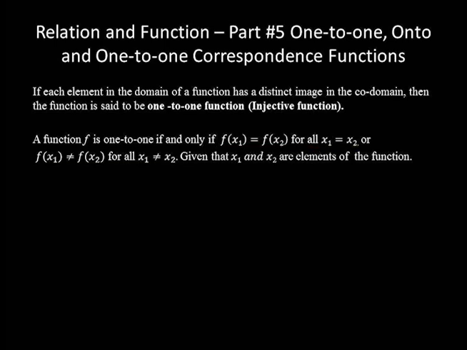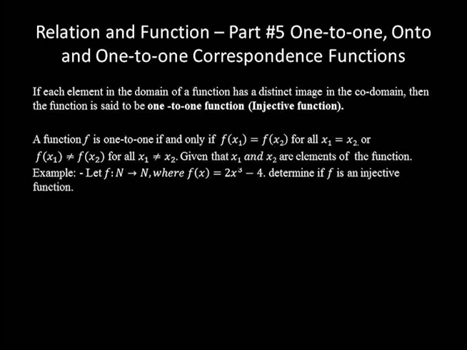Let's see how these definitions work. Let f be a function that maps from natural numbers to natural numbers where f(x) = 2x³ − 4. Determine if f is an injective function.